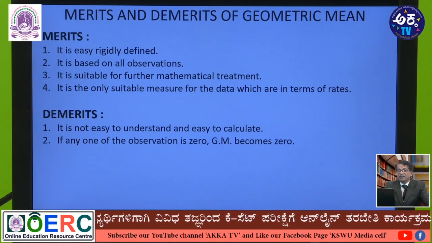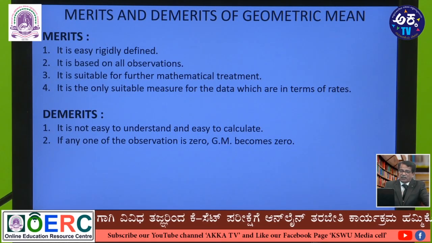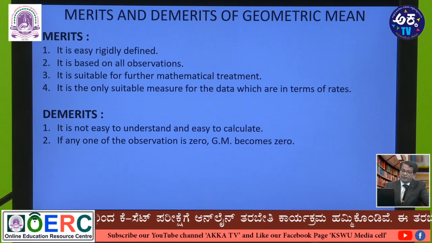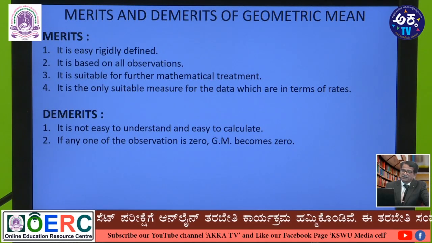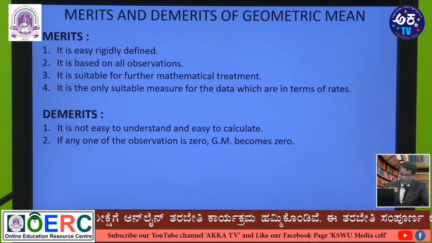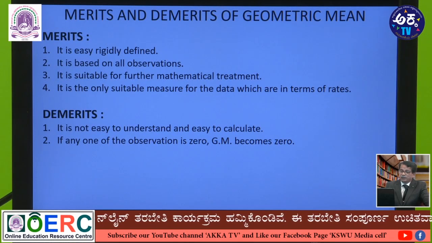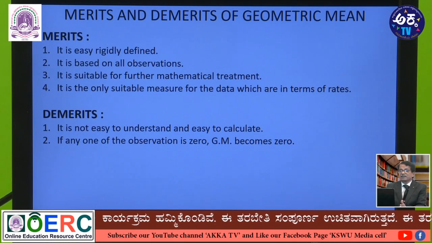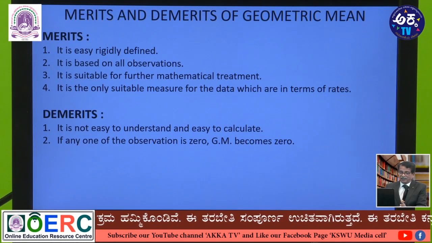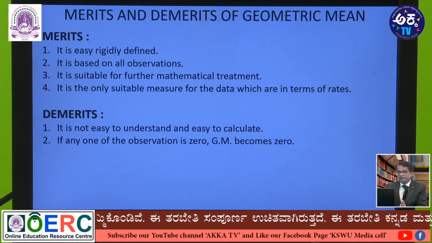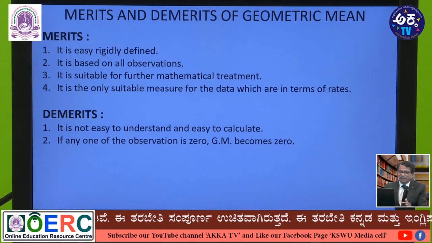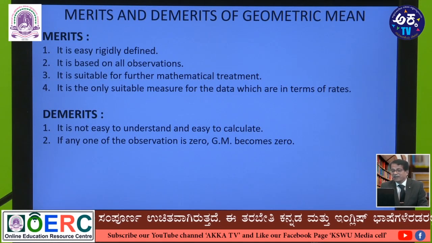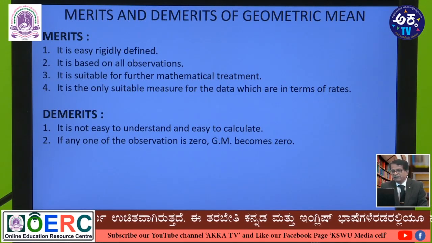The demerit is, it is not easy to understand and calculate, because in case of group data, the geometric mean is given by the number of observations raised to the power of their respective frequencies, then the product is taken, and the nth root of the result is taken. That is how it is not that easy to understand and calculate. These are merits and demerits of geometric mean.